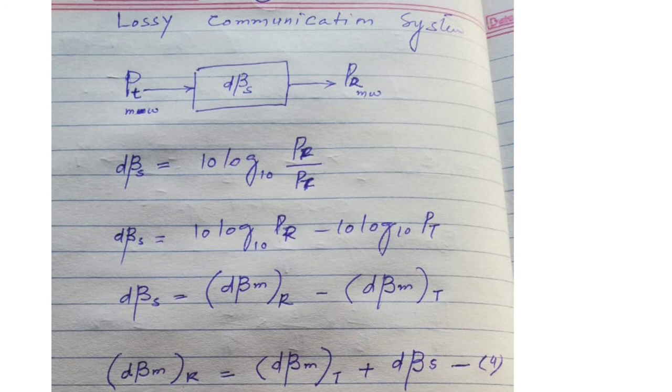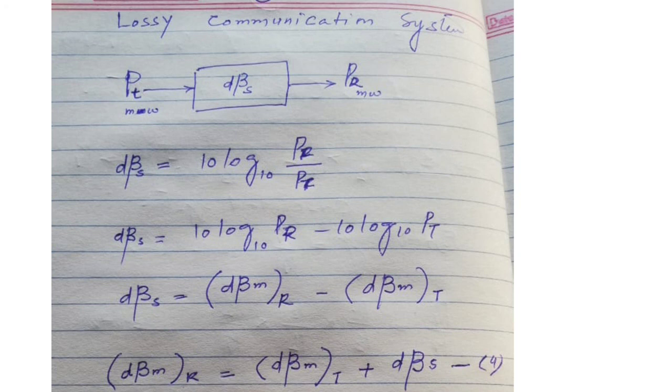So the right hand side of the first equation can be written as: the decibel value of the transmission efficiency of this communication system will be equal to 10 log of PR minus 10 log of PT.